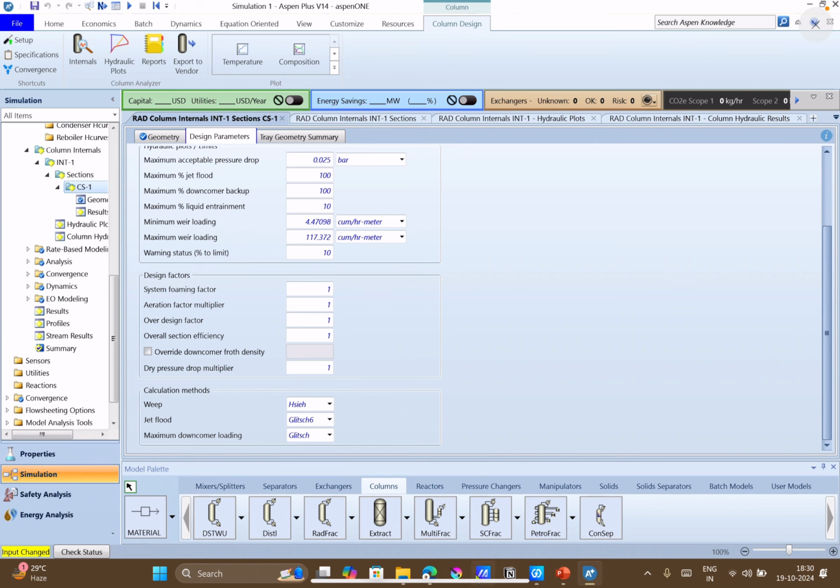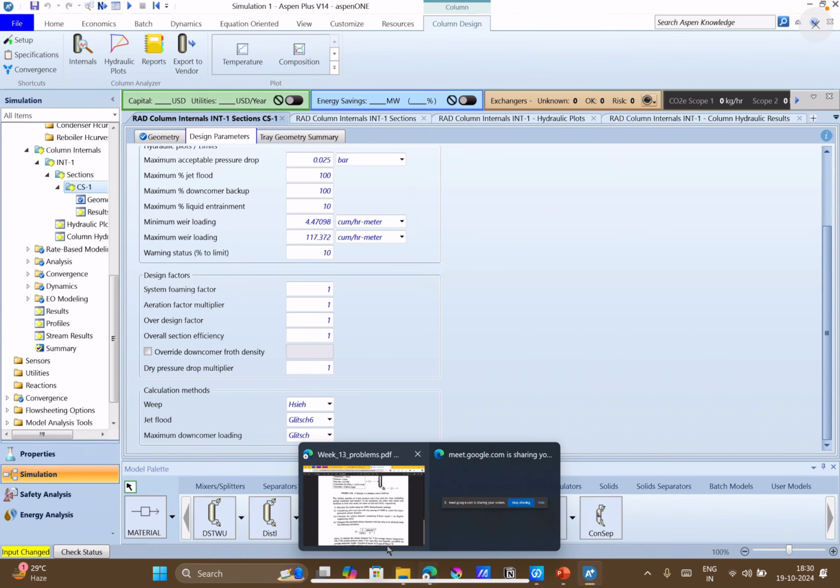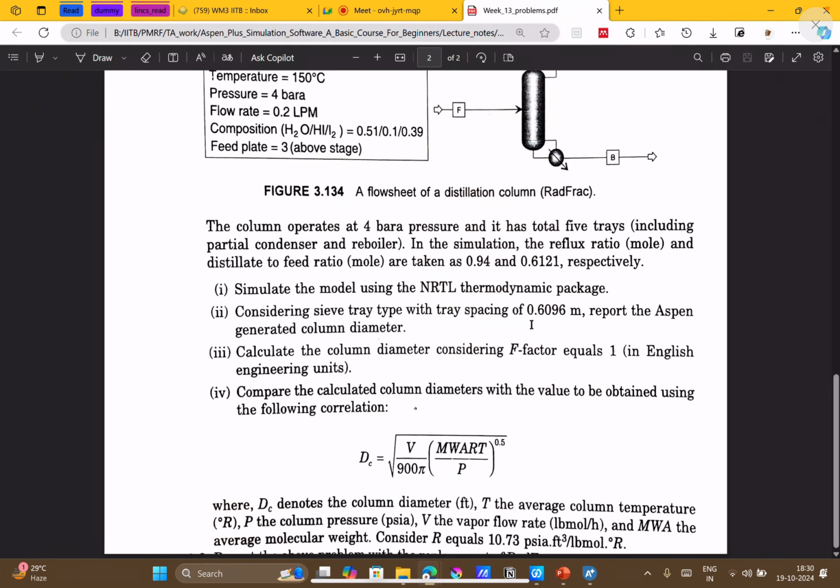Just a minute, I forgot this parameter. So we have to vary this input, and accordingly it will calculate the new diameter. Let's search for the F factor first.